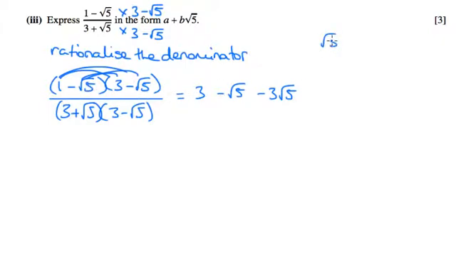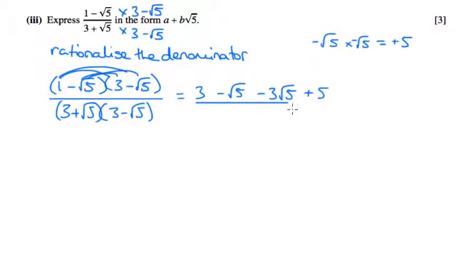Root 5 times root 5 is going to be 5. Anytime the number inside here is the same twice, it's just the number inside. We've got a minus and a minus here, and that's still going to be positive. So we've got plus 5 at the end there.